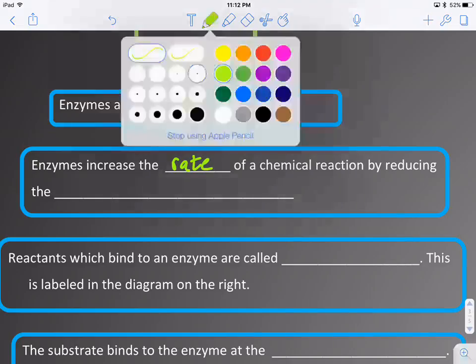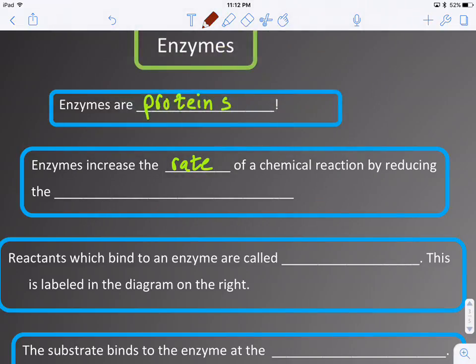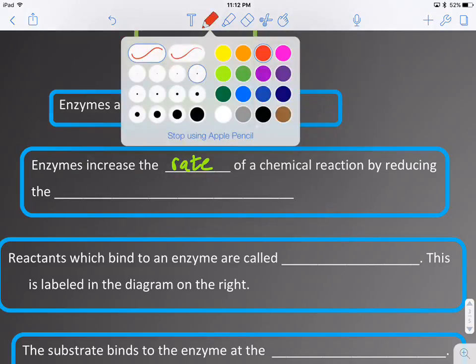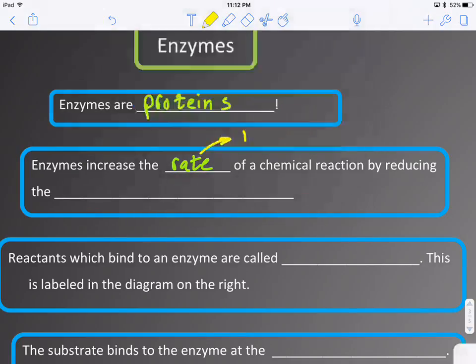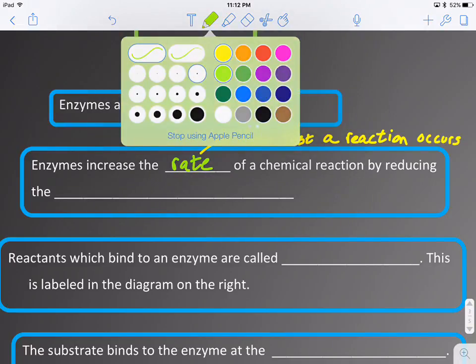And if you guys remember, rate, put this in yellow, rate is how fast a reaction occurs. Okay, that's what the rate is. How fast is a reaction occurring?